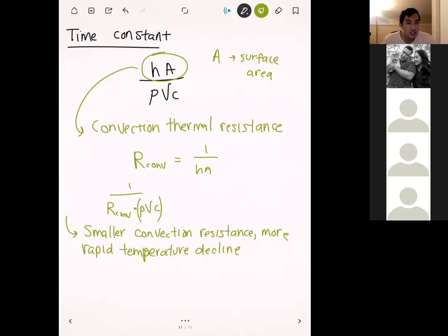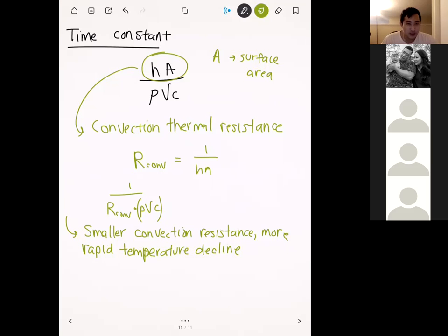And when heat can flow easier in your object, your object is going to lose heat a lot faster. And if the object can lose heat faster, then the temperature is also going to decline. So there's this inverse relationship between the convection resistance and the temperature, okay?